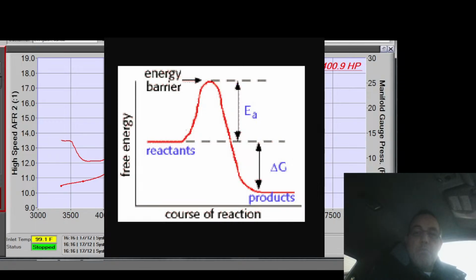So the proximity of the molecules greatly affects the burn speed, especially if the reactant has its own oxygen on board. So with ethanol, we got a little bit of oxygen in there, which changes our stoichiometric ratio, which is why it's 9 to 1 instead of 14.7 like gasoline. And then I pack a bunch of them in there and I light it off.